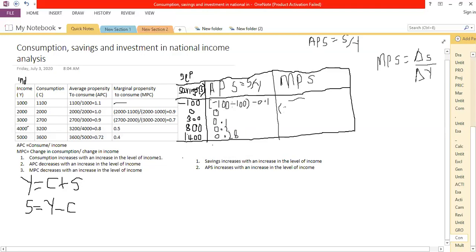So change in the savings will be 0 minus 100. We divide this by the change in the income, which is 2,000 minus 1,000.